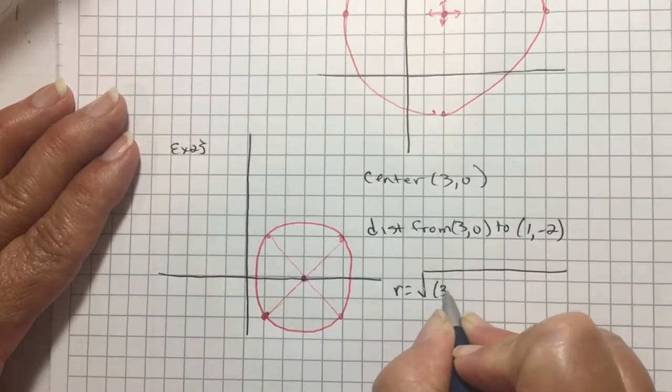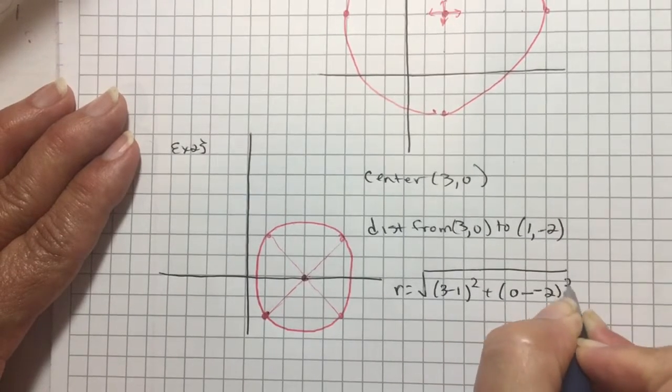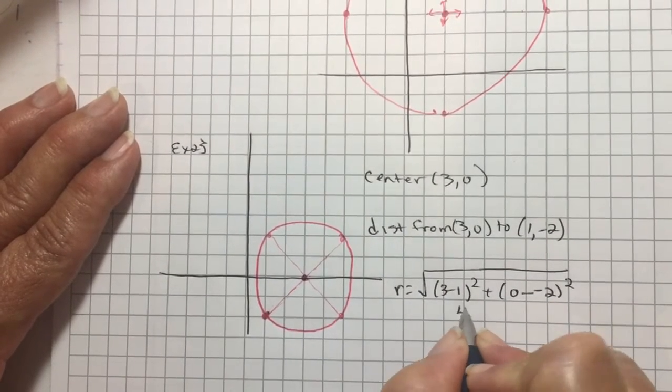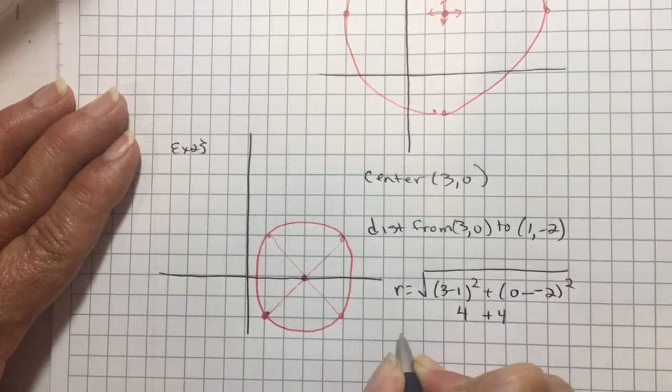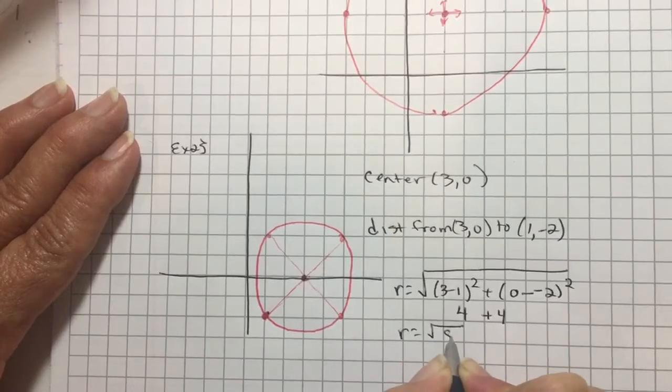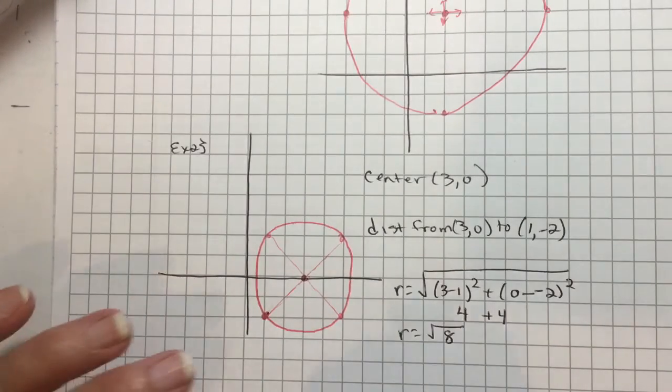3 minus 1 squared, 0 minus −2 squared. This is going to be a 4 plus 4, or the square root of 8. Now, we can approximate it, but remember, when we put it back into the equation, we're going to be squaring it, so we'll get a much more accurate answer if we don't do that.